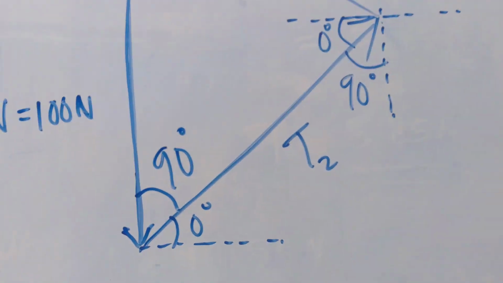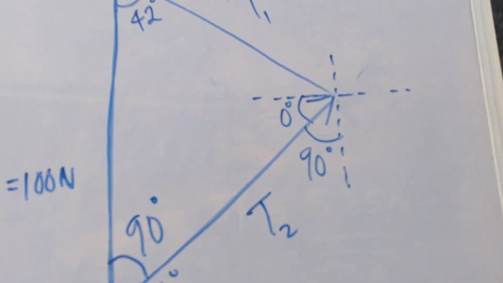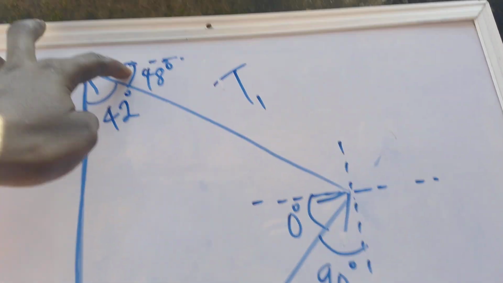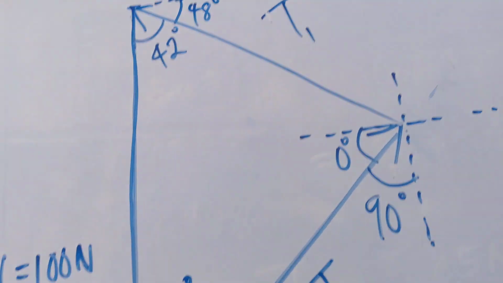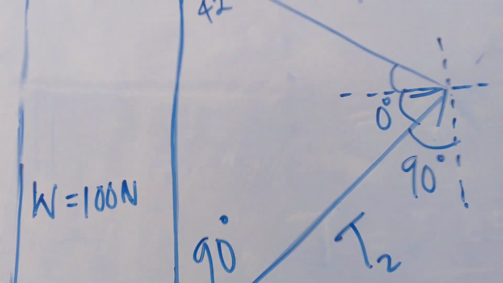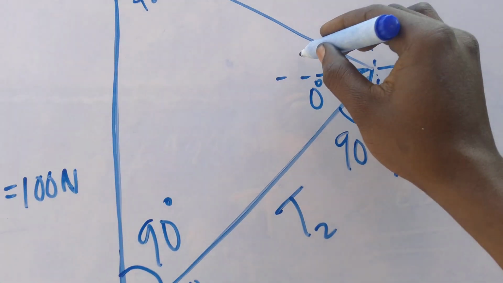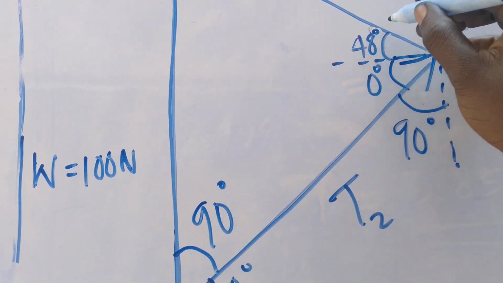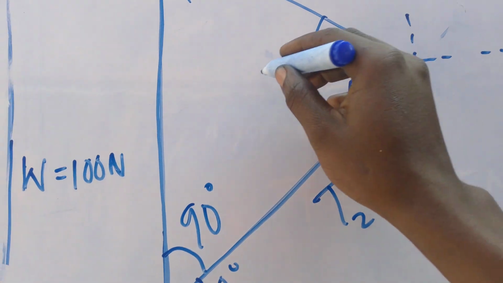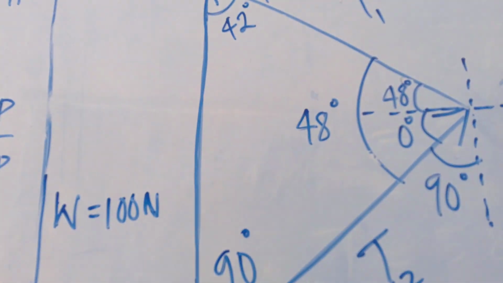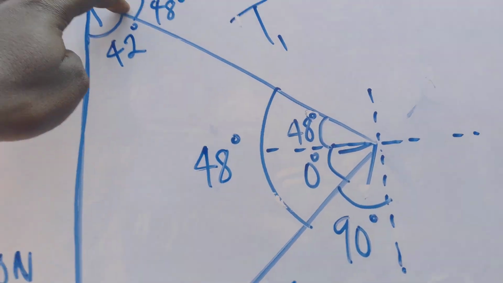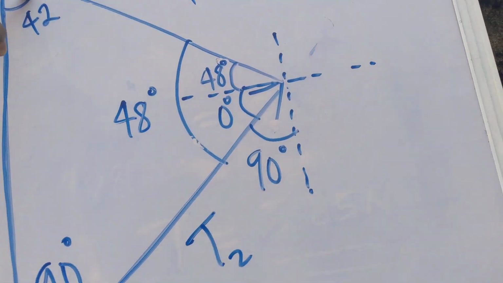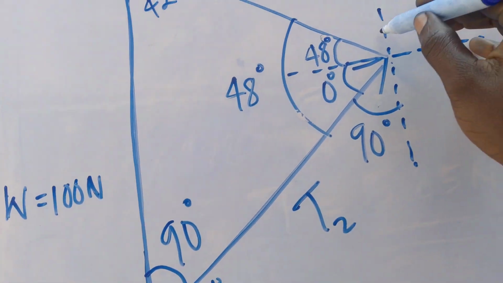And 48 degrees will alternate here as 48, alternate angles. It's also 48 degrees. So this is alternate to this, and 42 will be alternate to this 42 here.